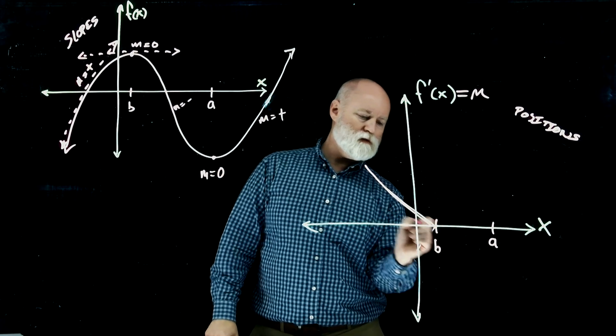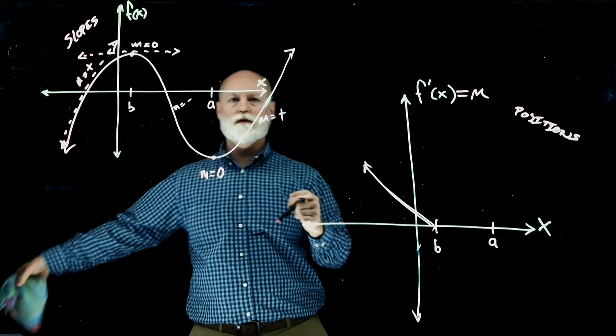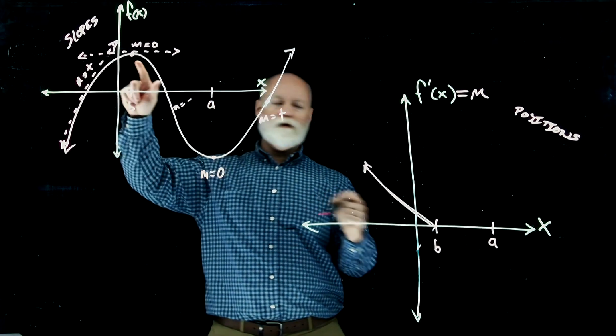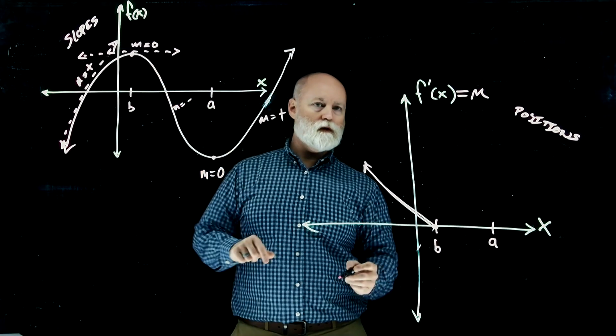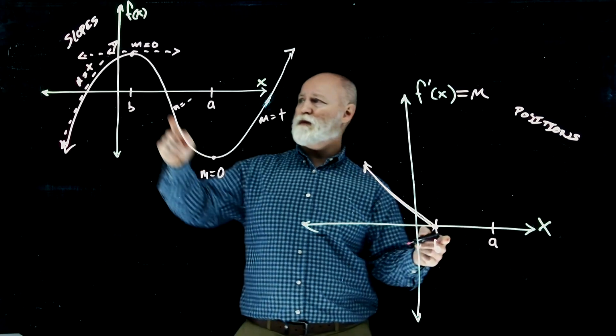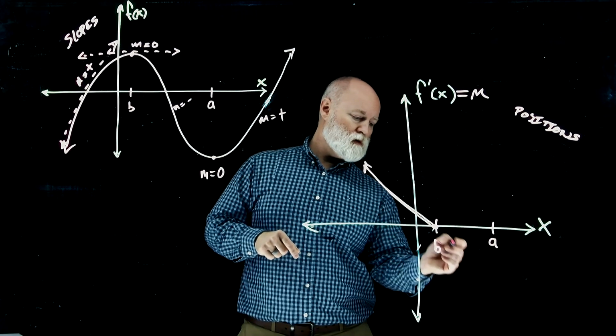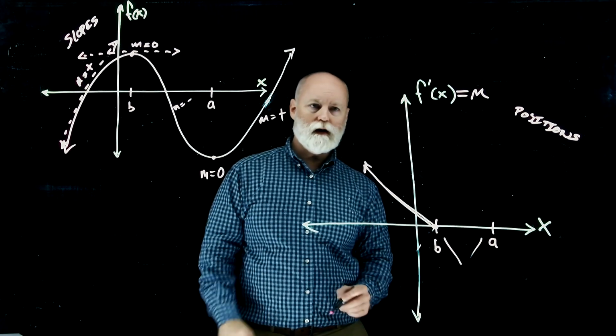Draw that as best I can. Now we're talking about positions to slopes, right? And then what happens right there at that arbitrary point B? The slope is 0. So the position has to be 0. And then what's happening between B and A? Well, it's a negative slope, so it has to be down here like that, right?